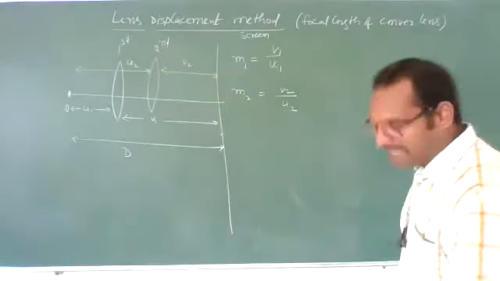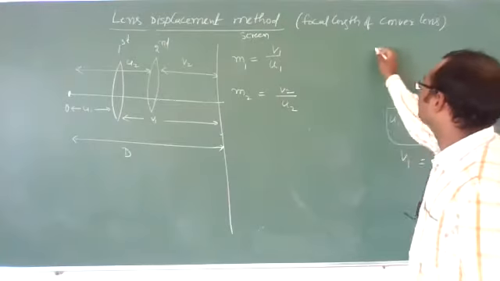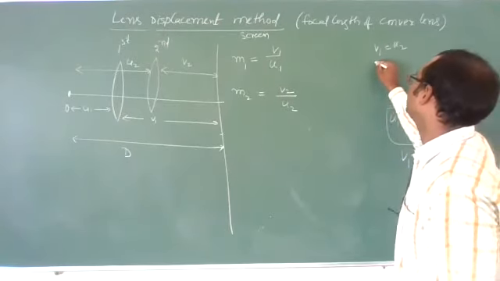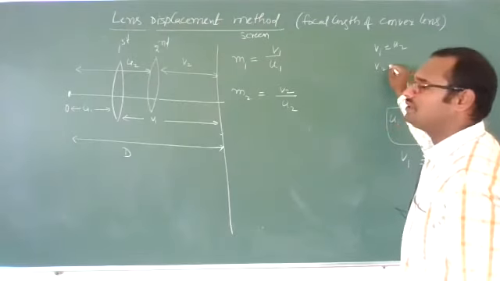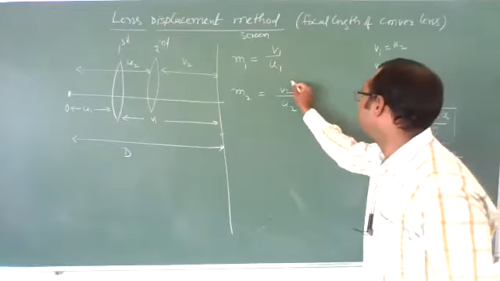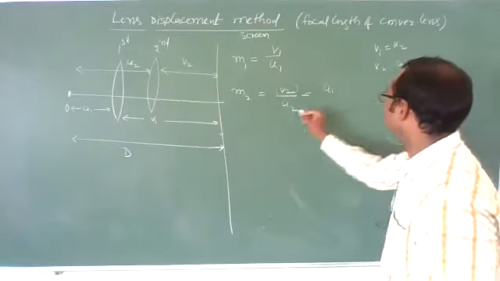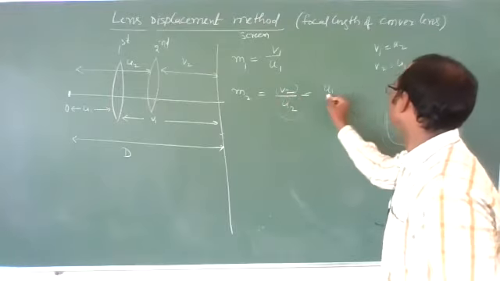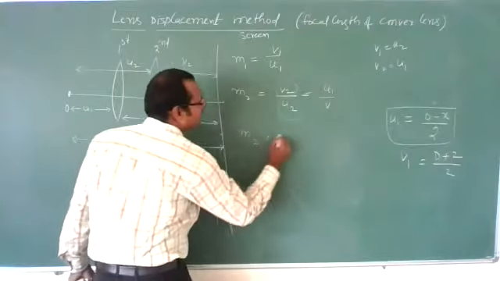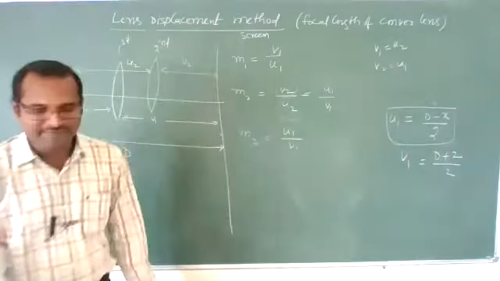But just now, before this calculation, I have given that V1 is equal to U2 and V2 is equal to U1. That means V2 is U1, and U2 is V1. So the second magnification is U1 by V1. Now multiply these two.